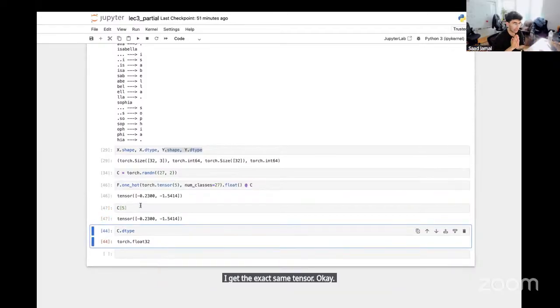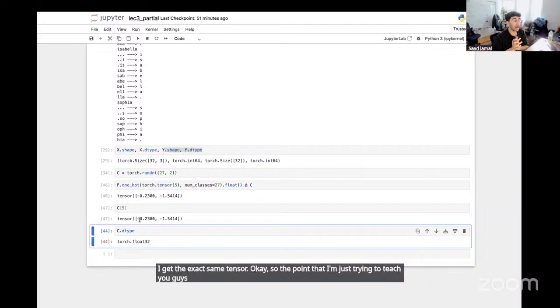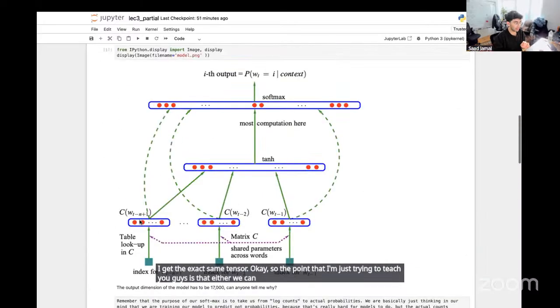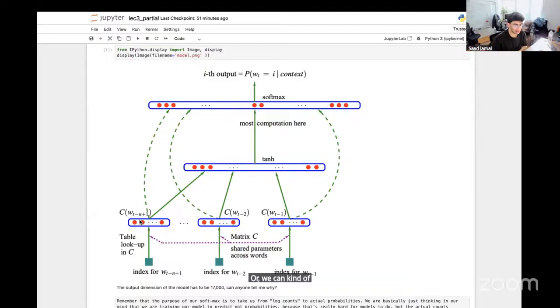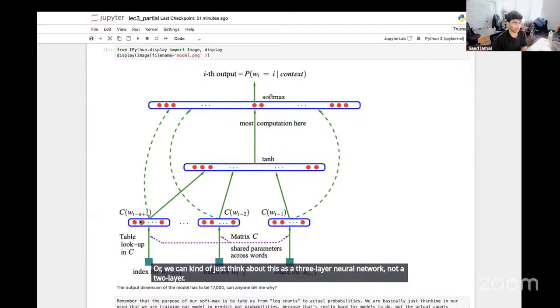The point I'm trying to teach you guys is that we can think about this picture either as indexing into a table, where that table is the embedding table, or as a three-layer neural network, not a two-layer, whose first layer is the same for all the inputs and is basically the embeddings.